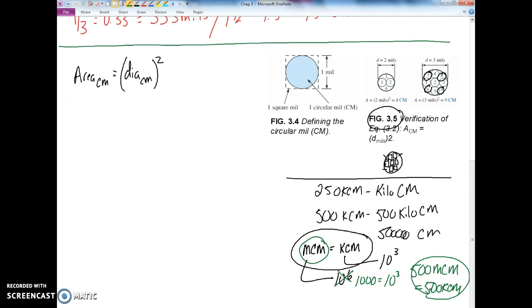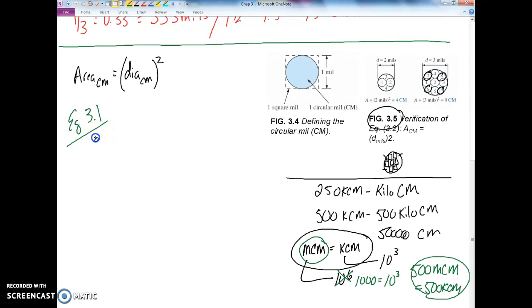Okay, so with that in mind, let's take a look at example 3.1, where it says, what's the resistance of a 100-foot length of copper wire with a diameter of 0.02 inches?